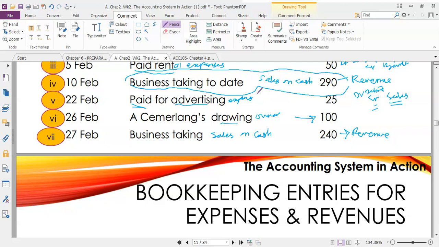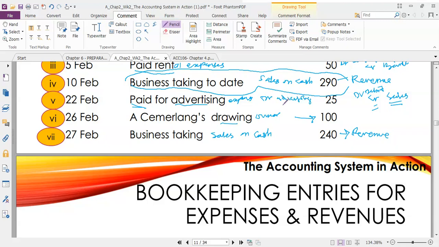We keep on paying, so our expenses is increase or decrease? Increase, that is correct. Very good. So our expenses is increase, so that's why we must debit advertising expenses.